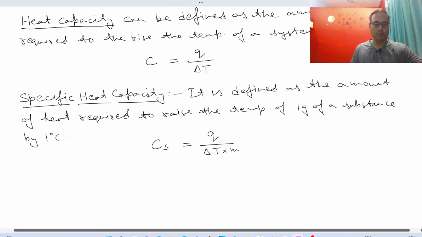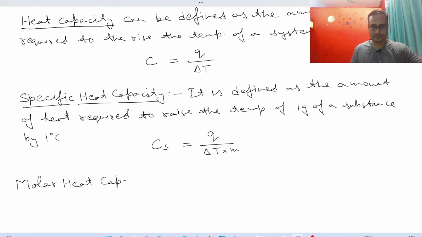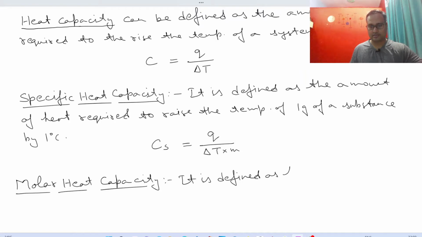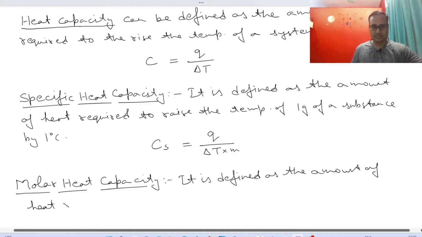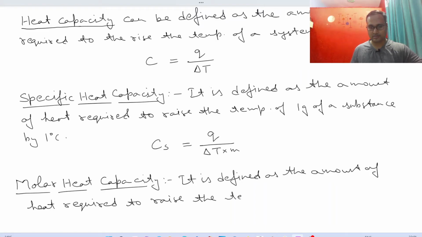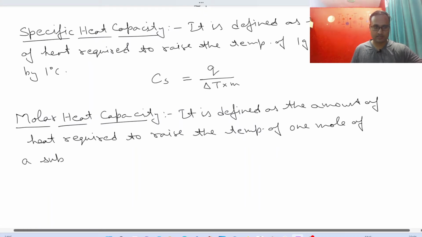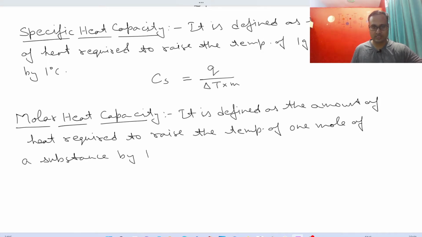Third is the molar heat capacity. It is defined as the amount of heat required to raise the temperature of 1 mole of a substance by 1 degree Celsius.